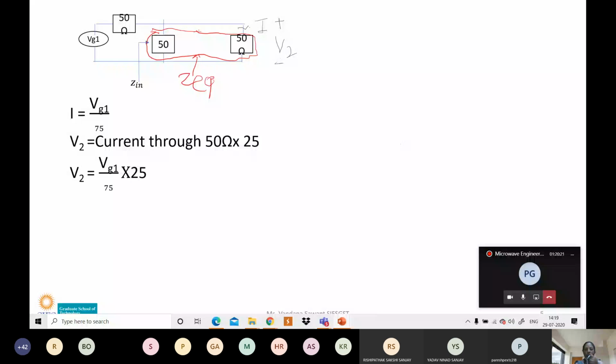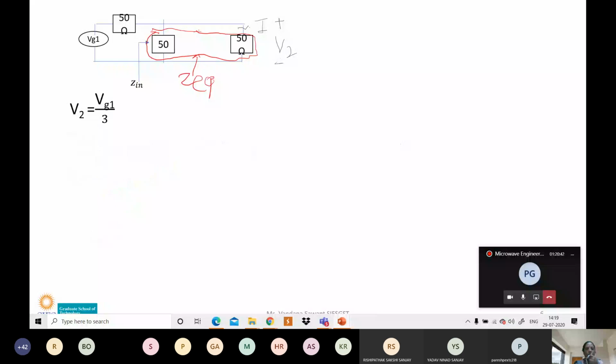The 25 will get cancelled, like 125, and this is 3. So you are getting V2 equal to Vg1 divided by 3.